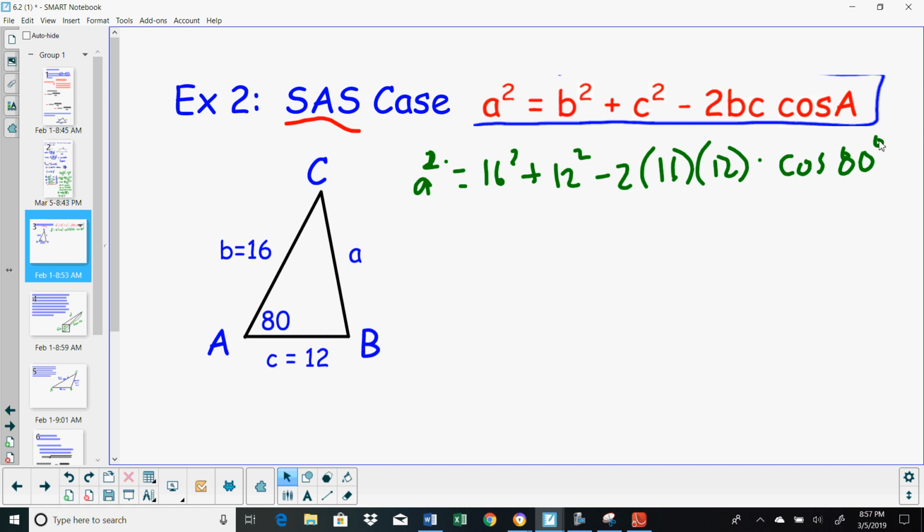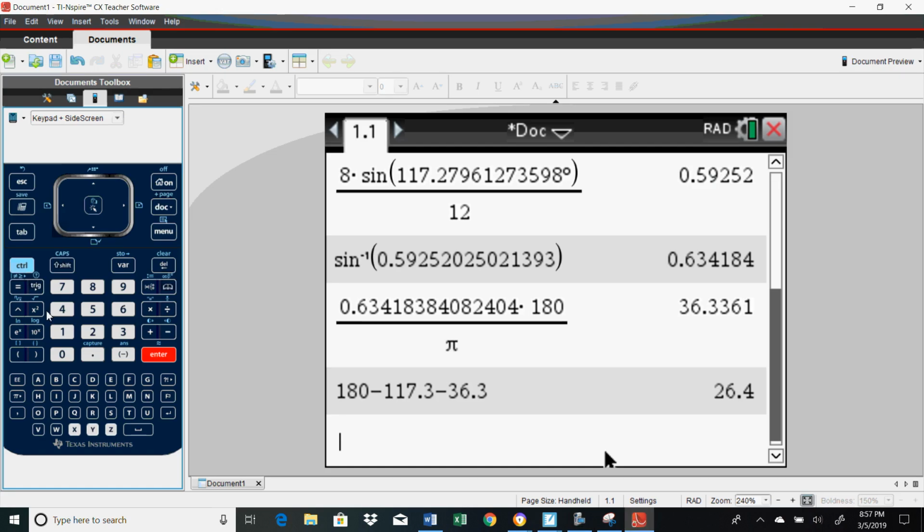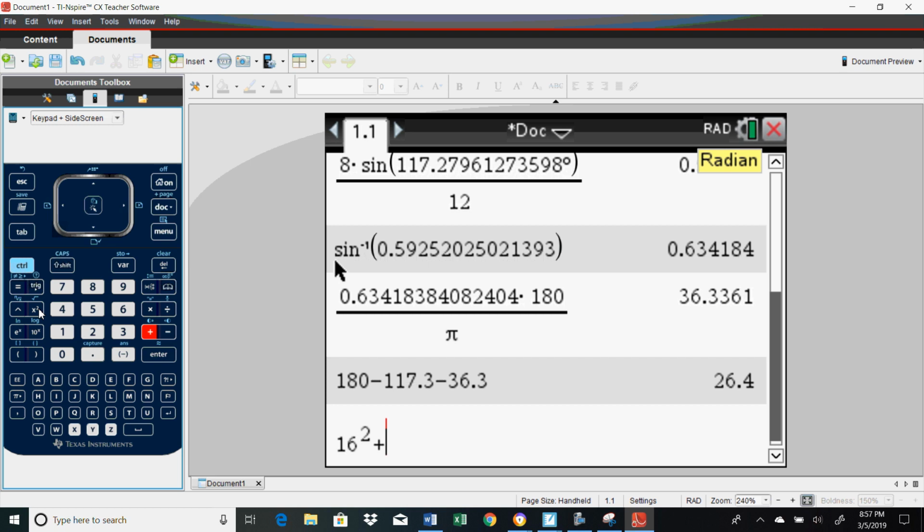So I reach for the calculator. I'm going to do this on the calculator. So I want 16 squared plus 12 squared. I believe that's correct. Yep. And then minus 2 times 16 times 12 and times cosine of 80 degrees.